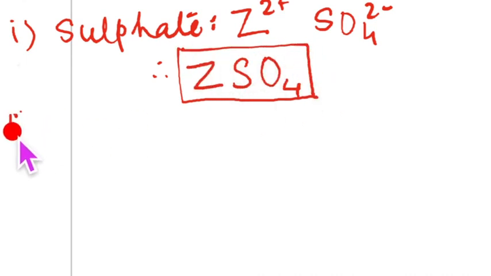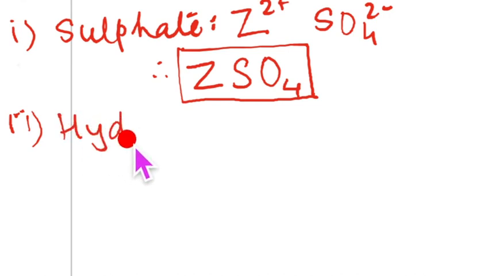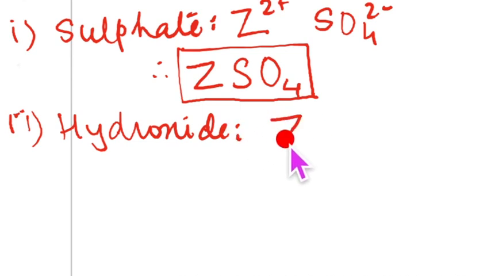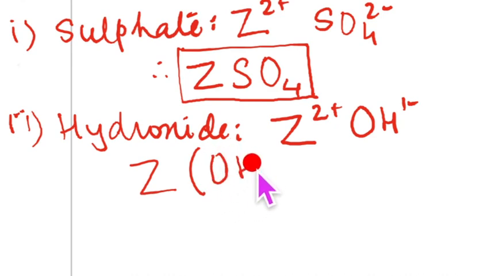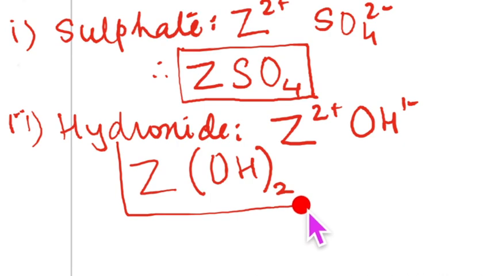Next one, the second one over here is hydroxide. So hydroxide will be, now I'll write Z2 plus and I will write OH1 minus. So crisscross will give us Z and OH will be 2 in number, so Z(OH)2.